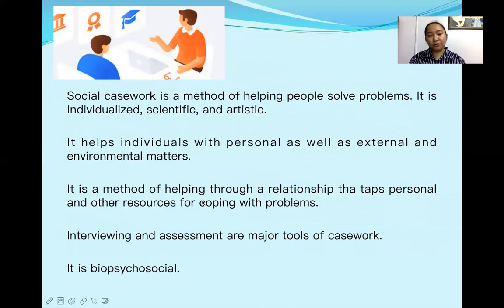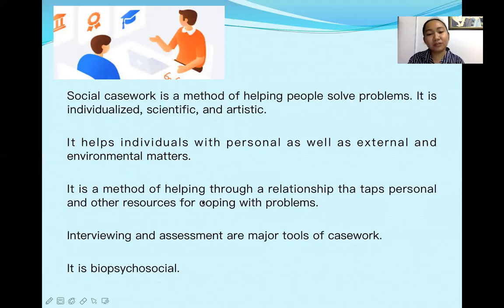And although we laid out different tips in terms of helping with people, we cannot say that they are not unique, because each individual should also be approached according to their needs and capacities.